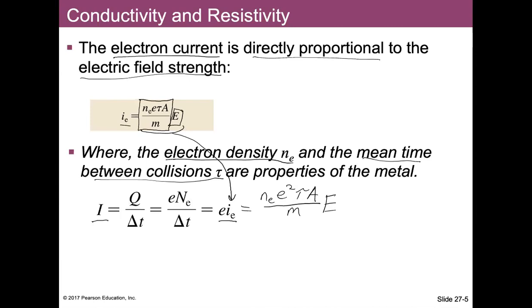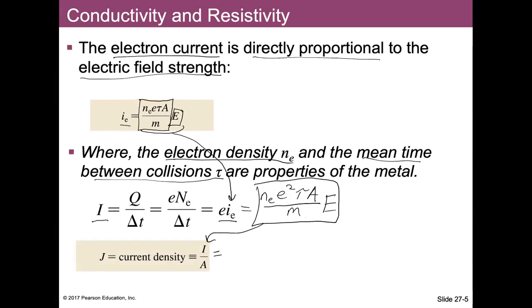Now we've also defined the current density, and we saw that the current density J is equal to the current over the area. So if I take my expression for my current and put it in here, I can see that my current density is equal to my electron density times the charge of my electron squared times tau times the area over the mass of my electron times the electric field strength.